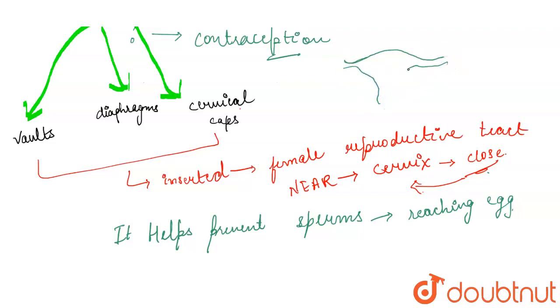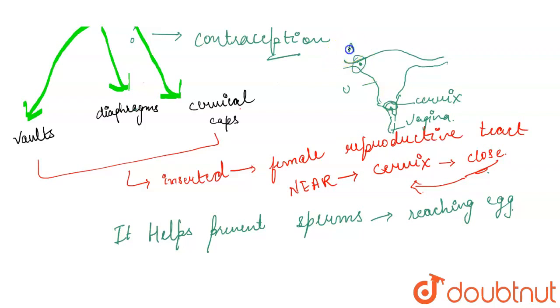So if this is a female reproductive tract, you can see here that this is the uterus, and this opening is the cervix, and this is the vagina, and these barrier methods are applied so as to prevent the entry of sperms after it, because the egg would be in the ampullary isthmic junction.